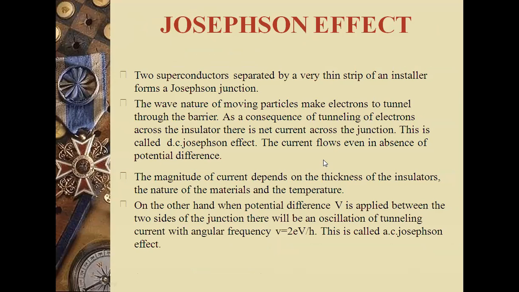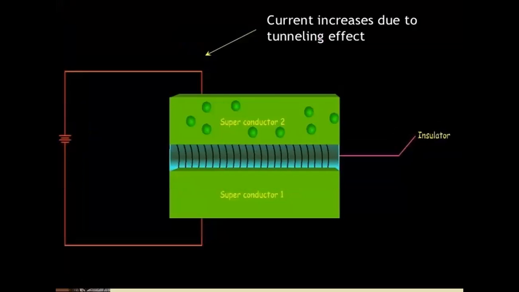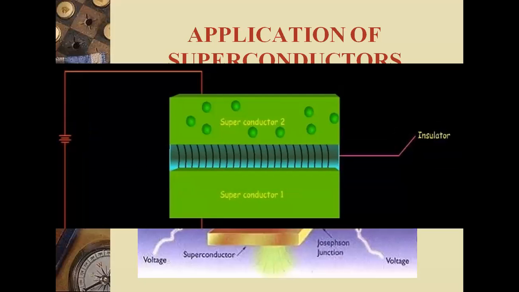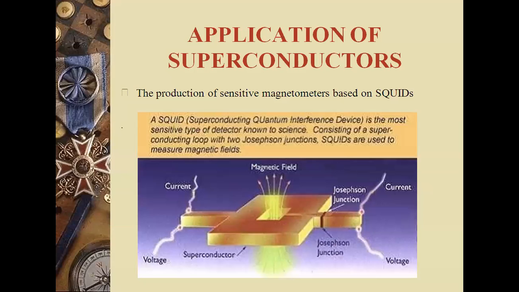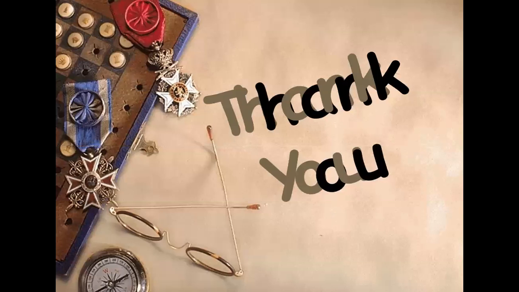Josephson effect is the last topic, and I'm going to tell you in tomorrow's class, don't worry. Applications I already told you. NMR, okay. Tomorrow we'll discuss some more applications, and then I'll close superconductors. Tomorrow's class is the last class for superconductors.